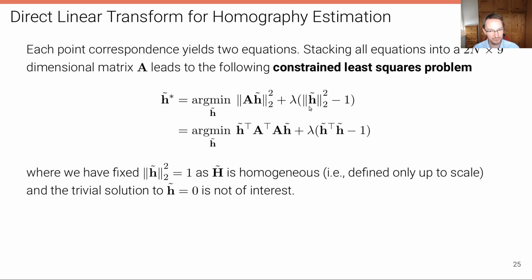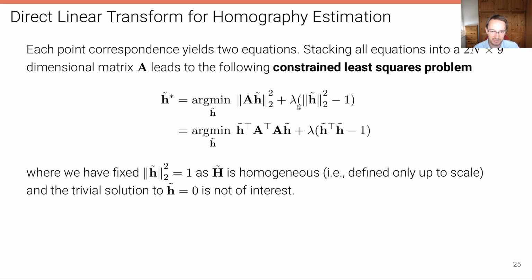This is how we introduce this constraint and constrain this matrix, because otherwise it would be unconstrained and only defined up to scale. And we have to constrain this matrix to one particular solution out of this equivalence class.